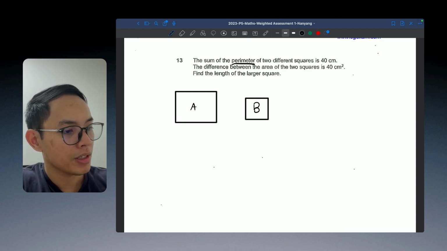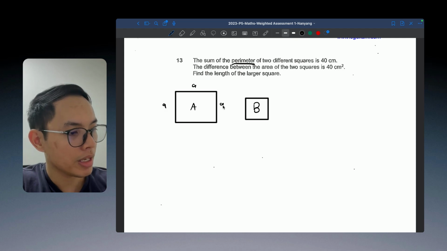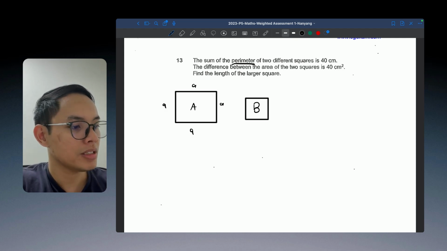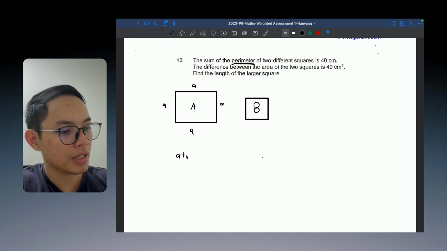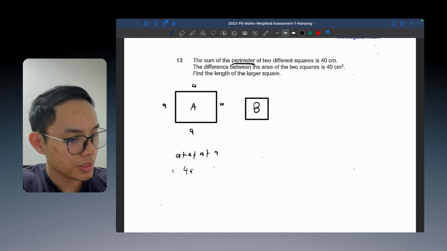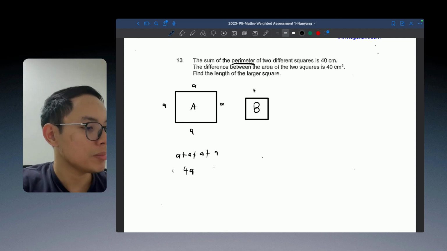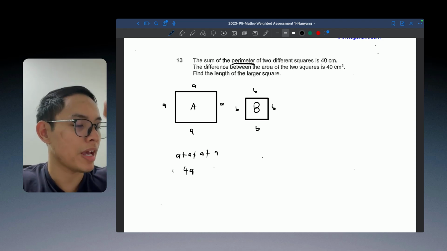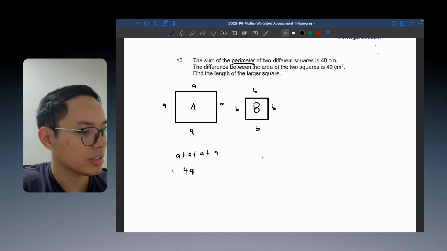If I have A, A, A, A, the perimeter is A plus A plus A plus A, which is 4A. Same thing with B, B, B, B. The perimeter is you add all the sides. So essentially, this is also plus 4B, right?